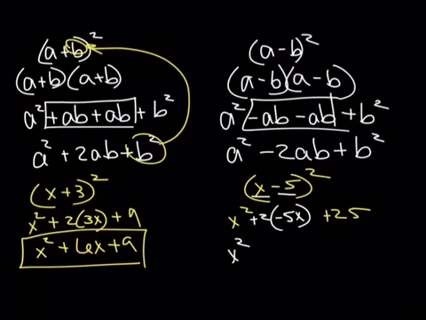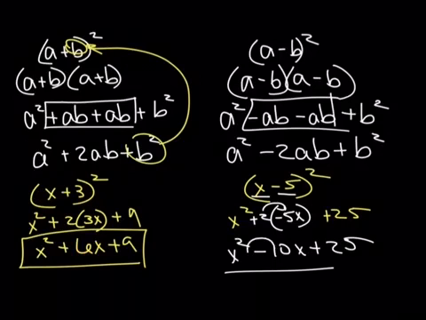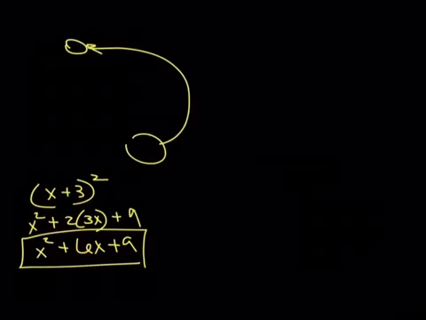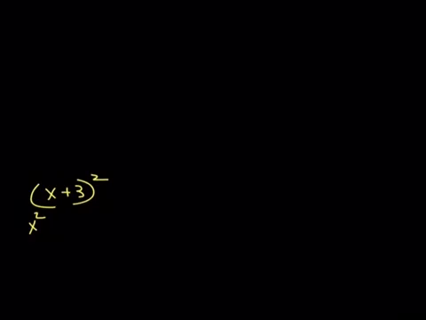Okay, so x squared, 2 times negative 5 is negative 10x plus 25. Okay, and that's what you end up getting. The only part that gets to be a little tricky is that doggone negative there. So let's go ahead and do a couple more of these. And like I say, if you decide that you just want to do the FOIL method, that is fine. This is just a little bit of a shortcut for those that want to do that.